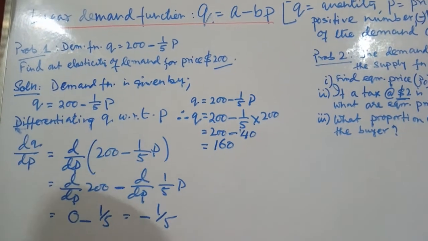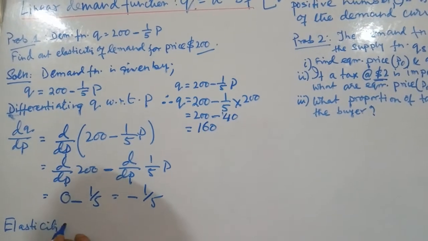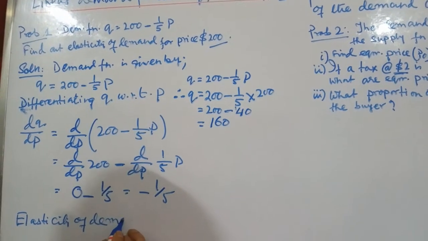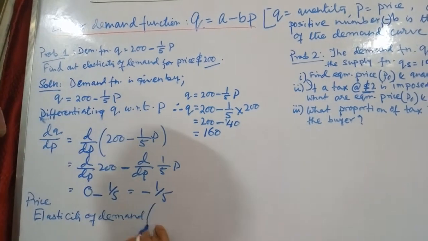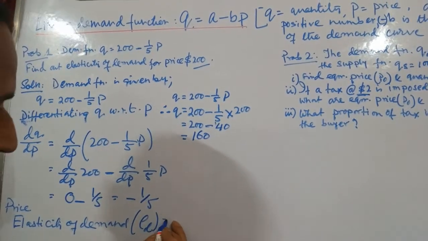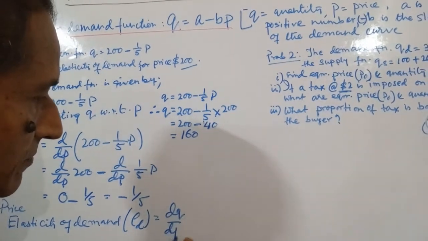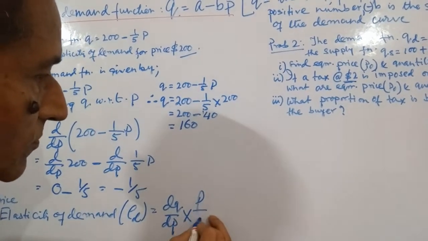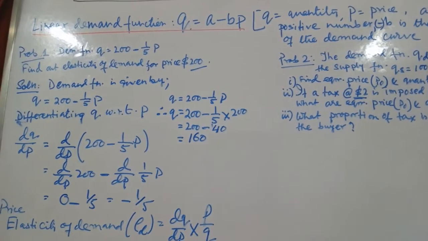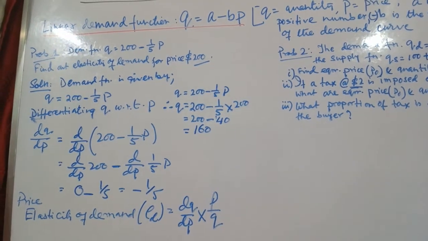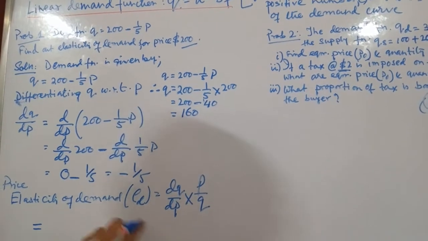We know elasticity of demand, of course, this is price elasticity of demand, ED equals dq/dp into P by Q. So how much is dq/dp?